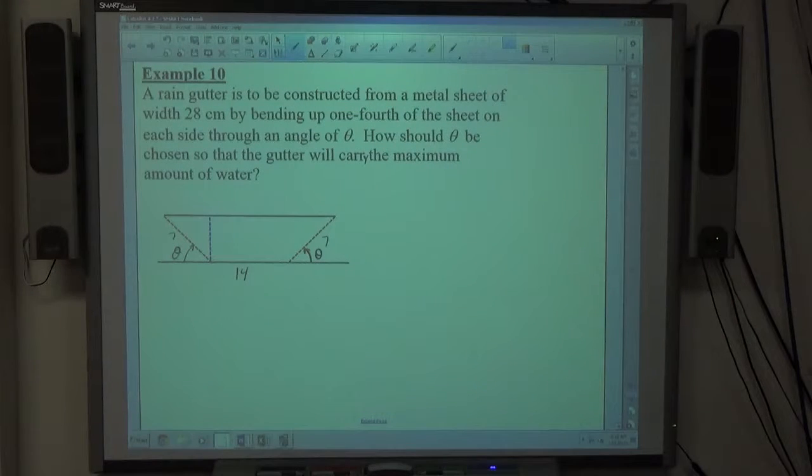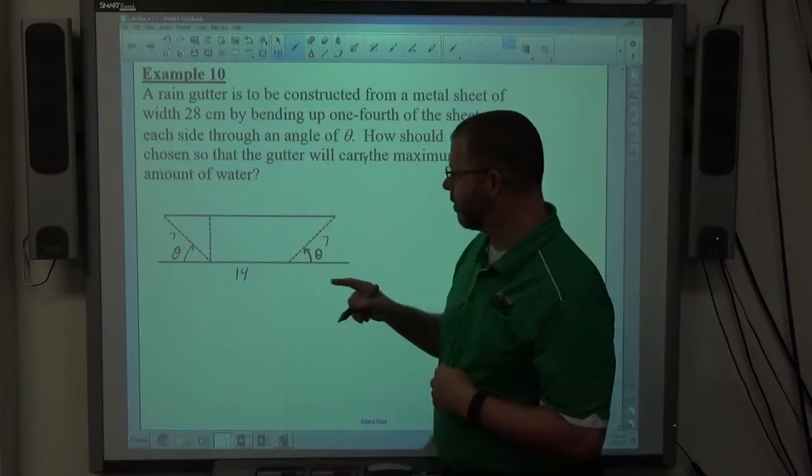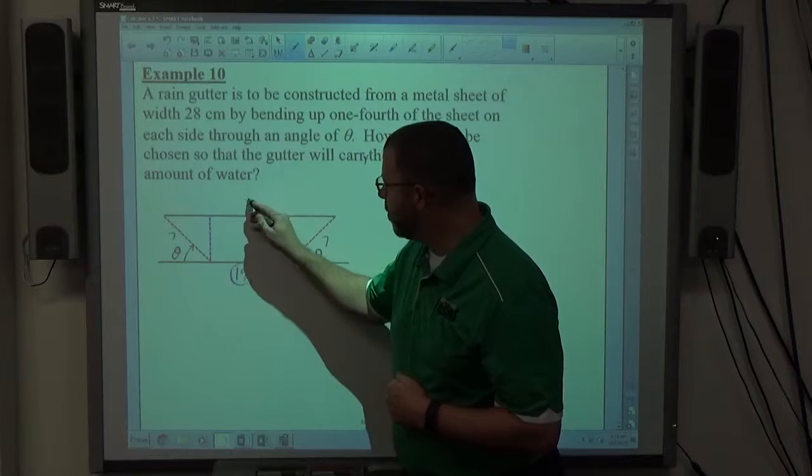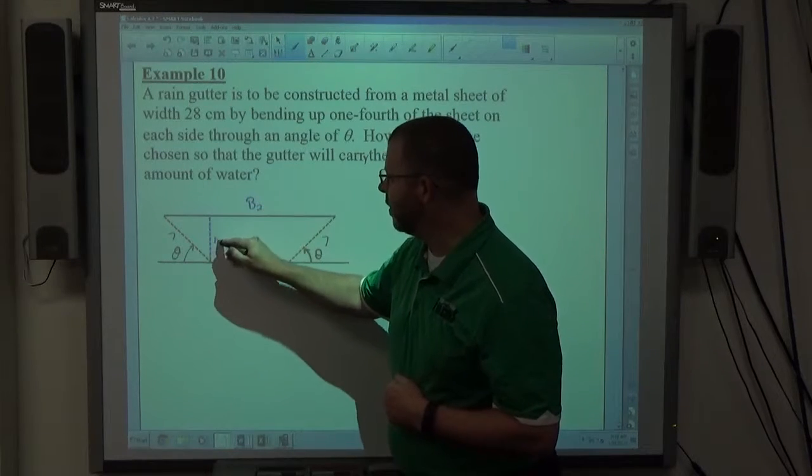What I'm looking at here is a trapezoid, and in order to find the area of a trapezoid, I need to figure out base 1, base 2, and height.